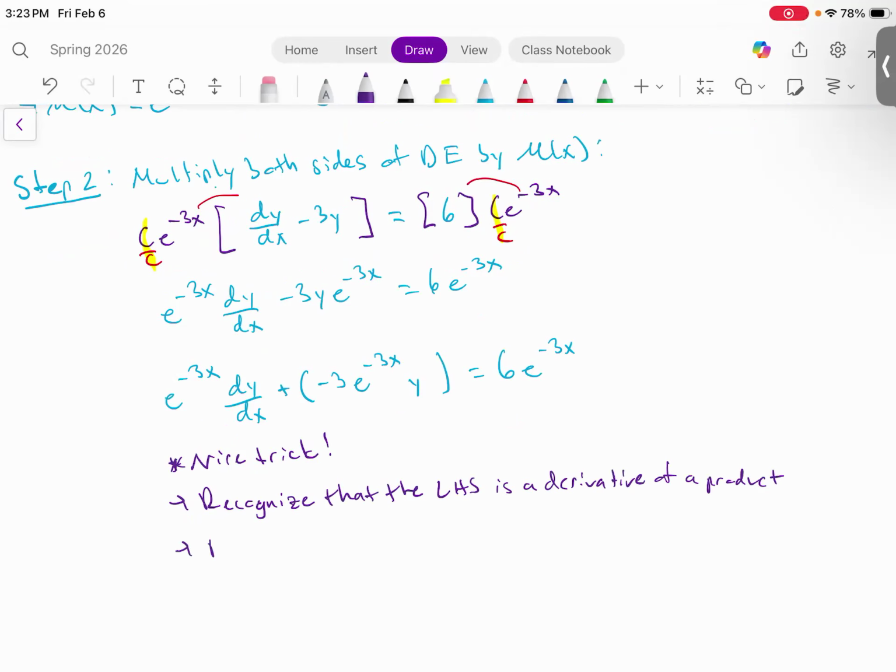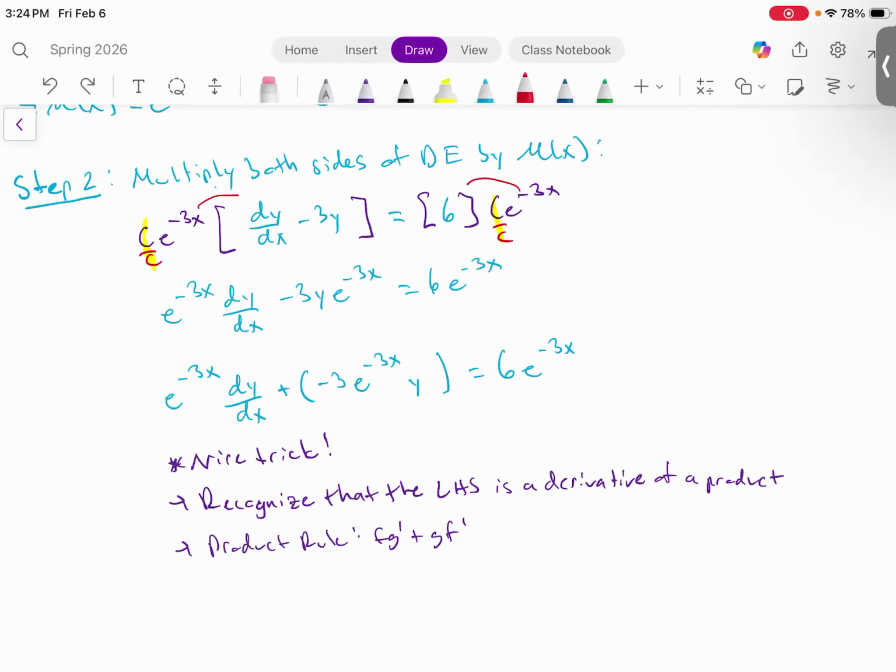What that entails is the product rule, which is f g prime plus g f prime, or however you like to write it. But let's look at this left-hand side. The derivative of e to negative 3x would be negative 3e to the negative 3x.